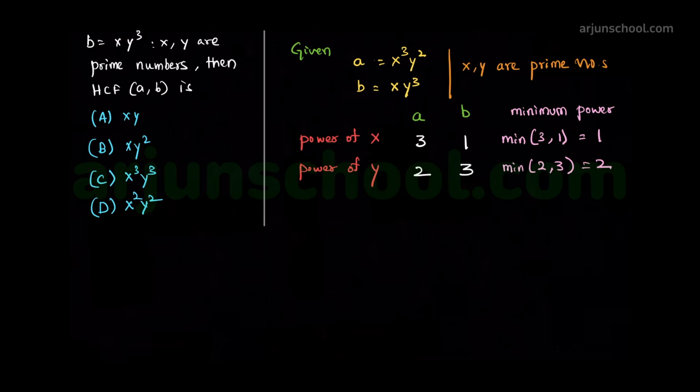Therefore HCF is equal to x to the power of minimum power of x into y to the power of minimum power of y, which is x to the power of 1 into y to the power of 2, which is x into y square.